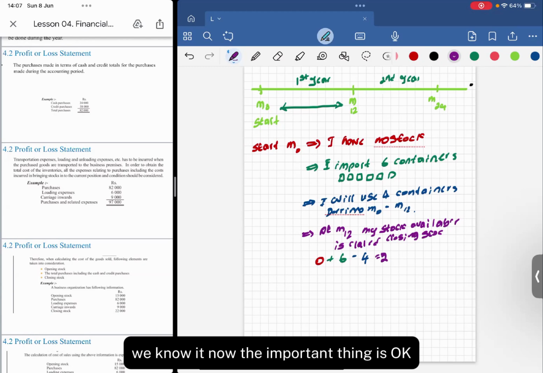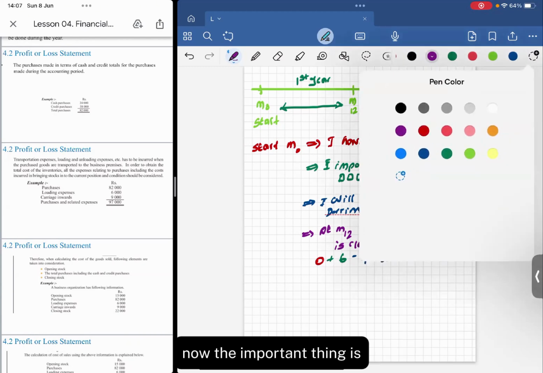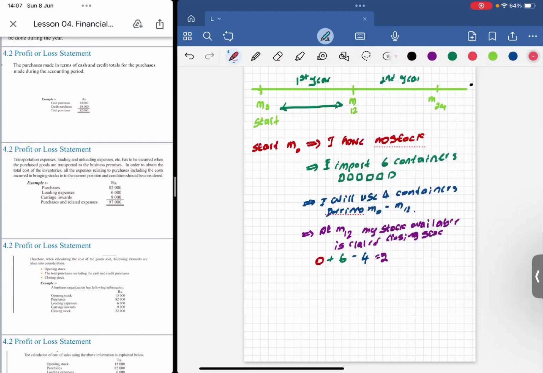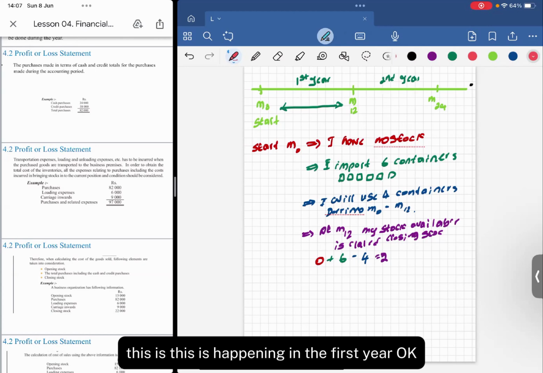We know it. Now the important thing is, this is happening in the first year.